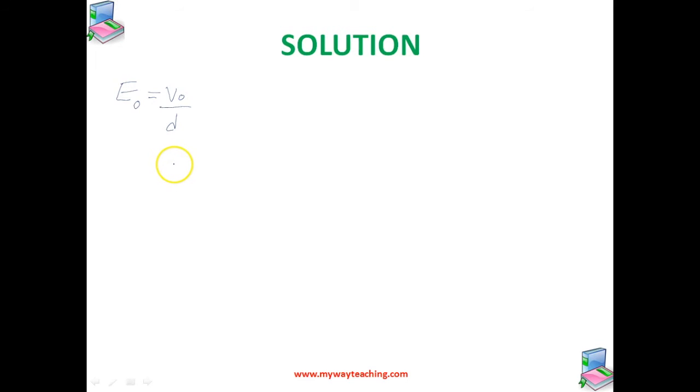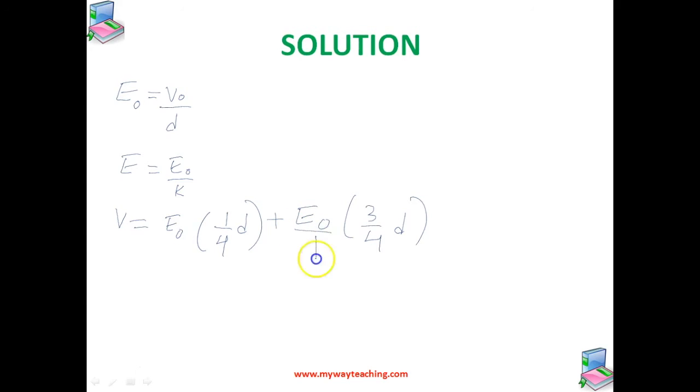And if the dielectric is now inserted, then the electric field in it will be E is equal to E naught by K. Now the potential difference will be V is equal to E naught into 1 by 4 D plus E naught into 3 by 4 D by K. So here we can take E naught into D common.